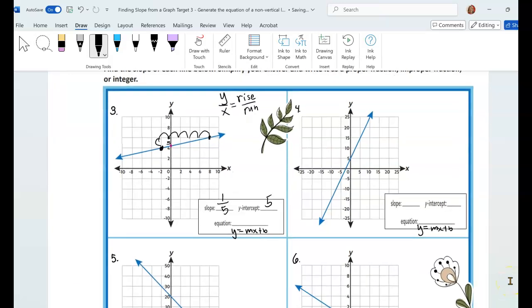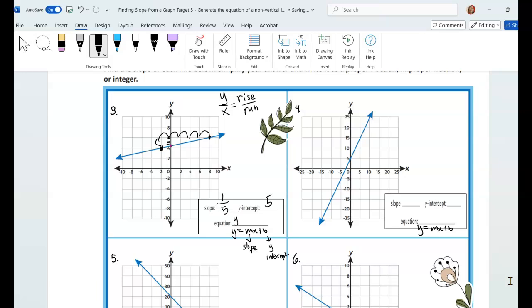To plug it in, this is the slope. And this is the y-intercept. To plug it into the equation.